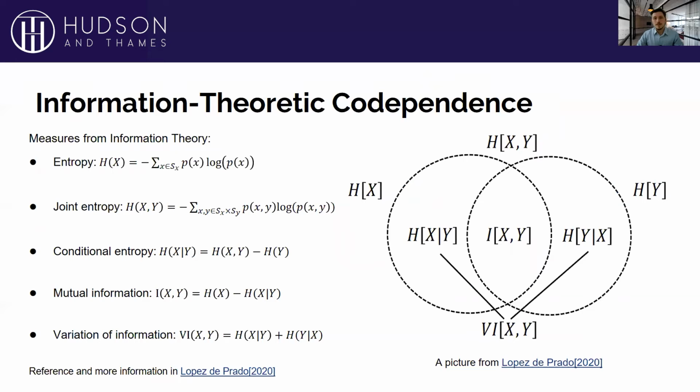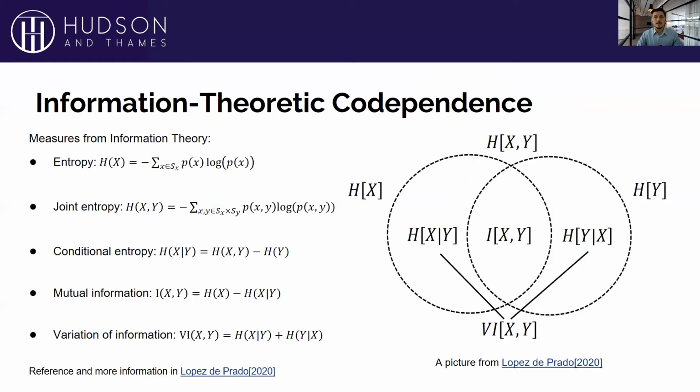Now to the information theoretic codependence measures. This is a whole family of measures based on the information theory by Shannon, which is based on the understanding of entropy. Entropy can be described as a measure of uncertainty of a random element.